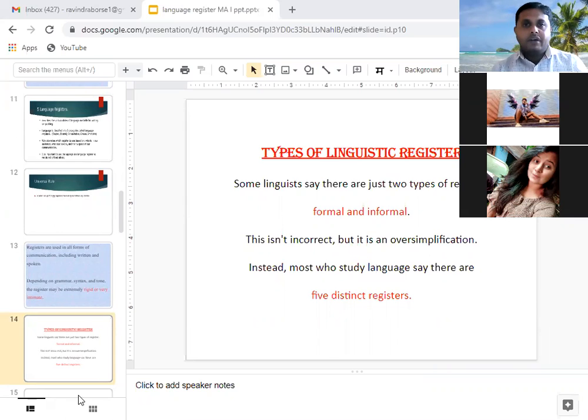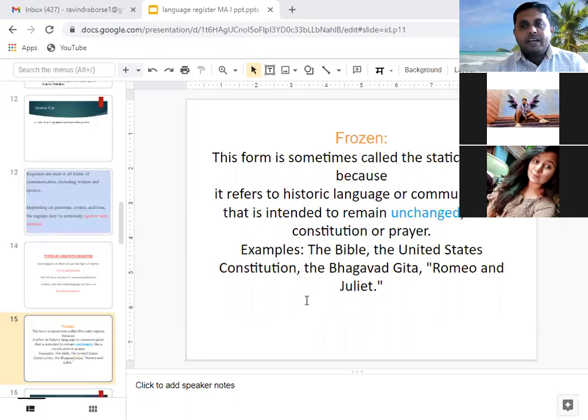But if you go into the deeper level of social linguistics, it does not convince us. Most who study language say there are five distinct registers. If you go deeper into the topic, you will find the five types of registers.